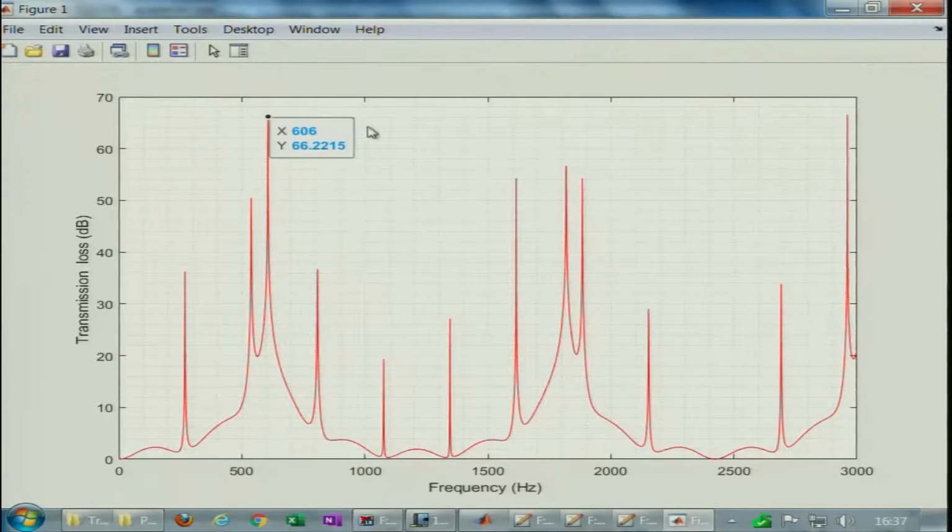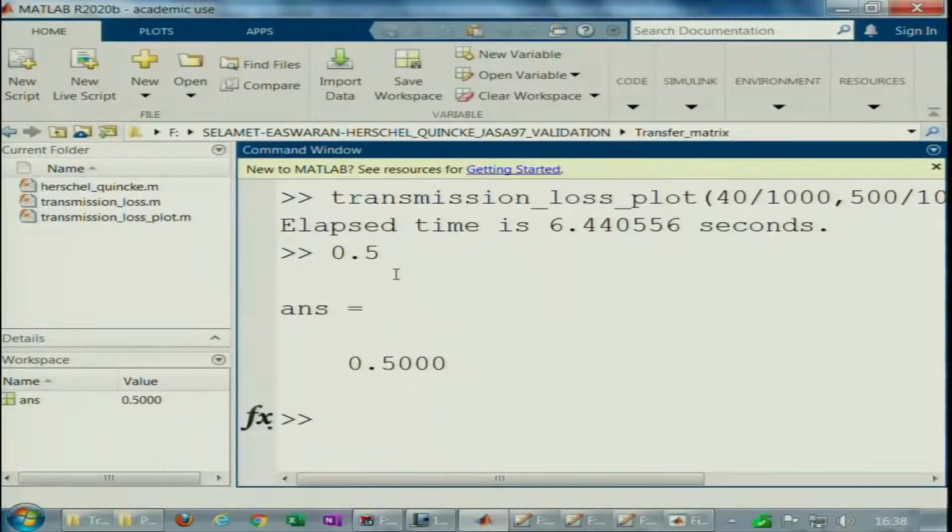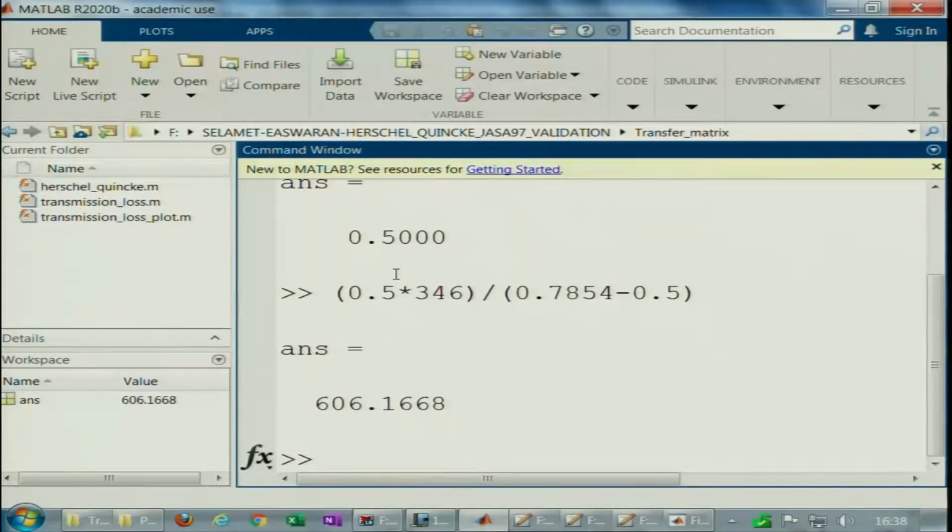We can easily do the maths. If we take m equal to 1, then 0.5 times 346, and the denominator will be 0.7854 minus 0.5. So, let us analyze where we get 606.